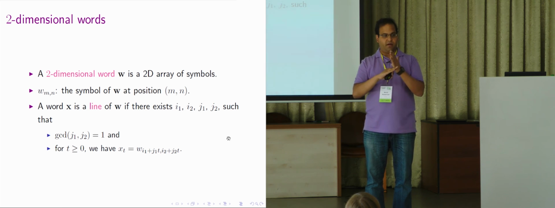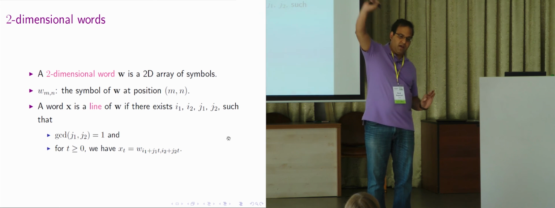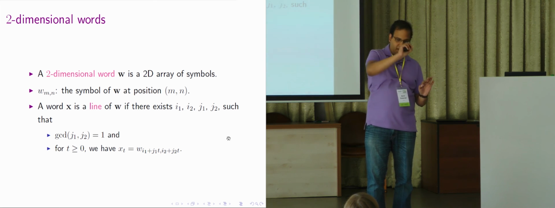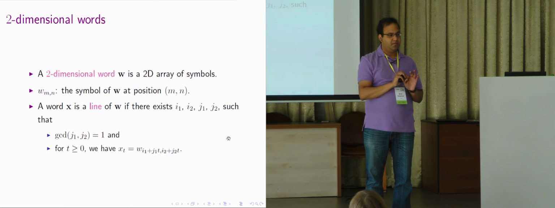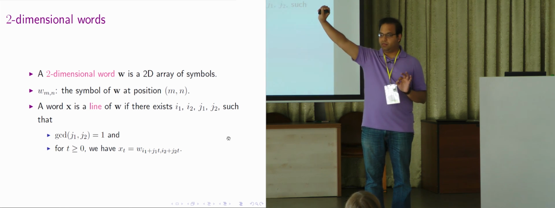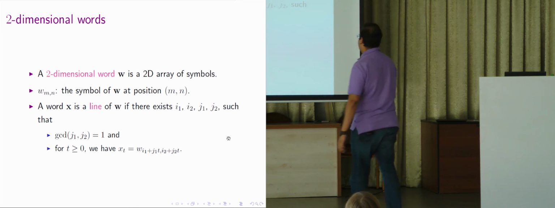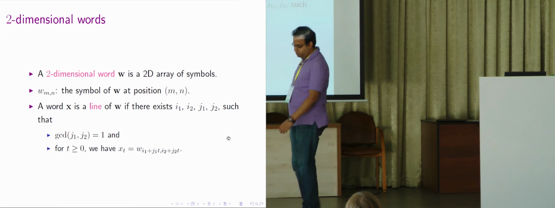And so I write down the letter. All right, so I have this straight line through the grid, and I get an infinite word by recording the letters that I encounter on this straight line through the grid, right?